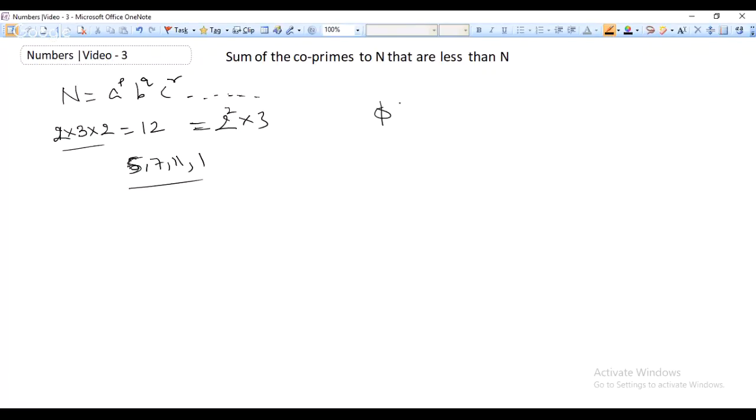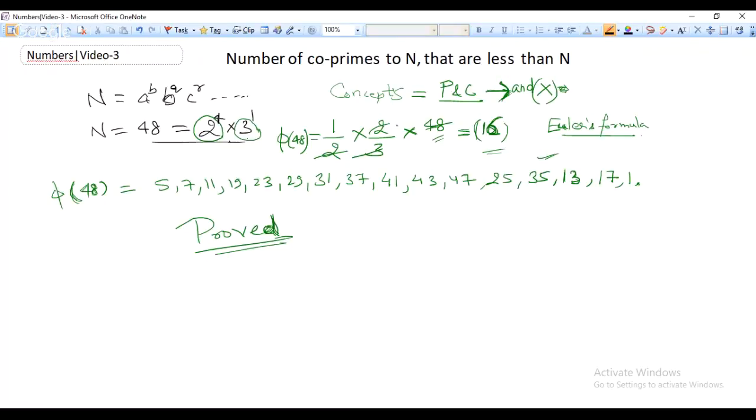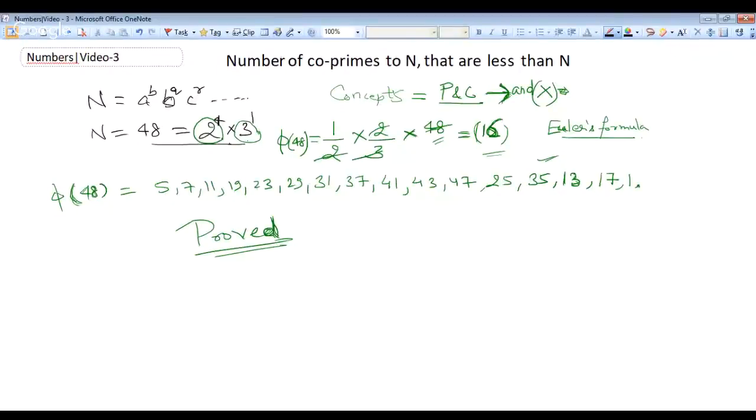If we find phi 12 from the last formula, I didn't discuss the general formula there. Let me discuss the general formula, and let me write it with a red pen.